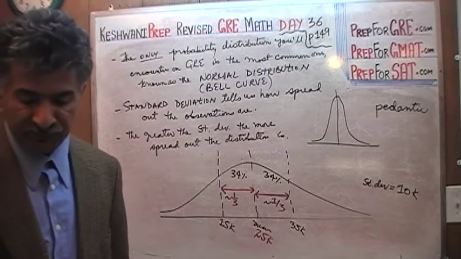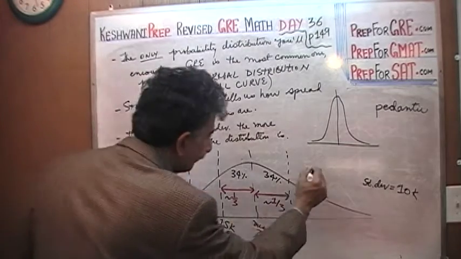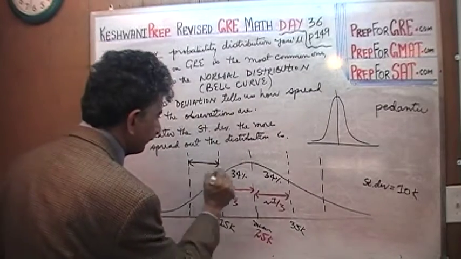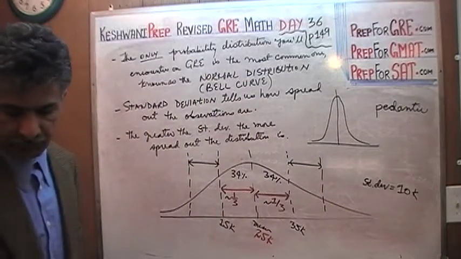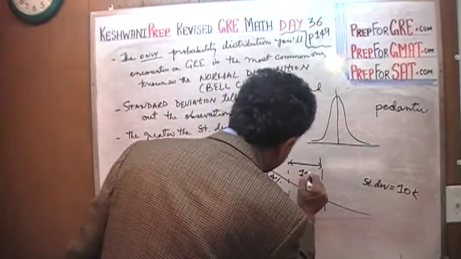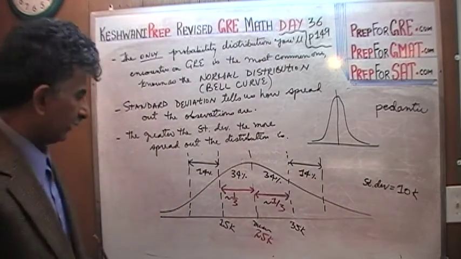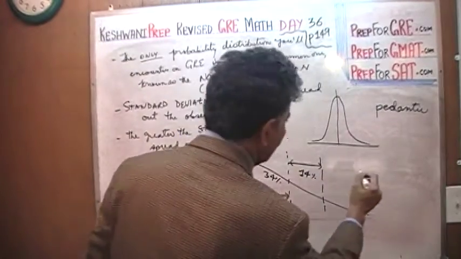What happens by the time you get to the second standard deviation? By the time you have gone to the second standard deviation, you will capture another 14% here and another 14% here. Let's see what that works out to be. So here we have 34%.